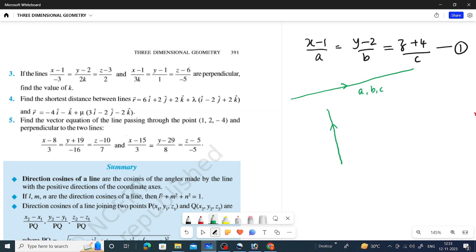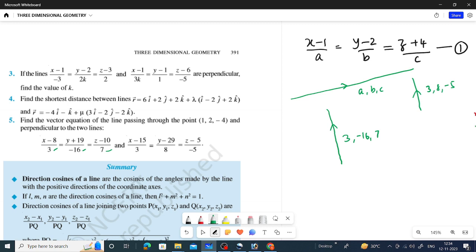That means perpendicular to this line and this line, and these are respectively their direction ratios 3, -16 and 7. And another perpendicular line is also given. It is in space, that will be in different orientation, but in the two-dimensional plane we can draw like this only. Anyway, 3, 8, -5.